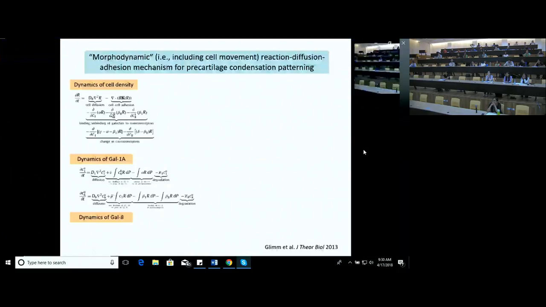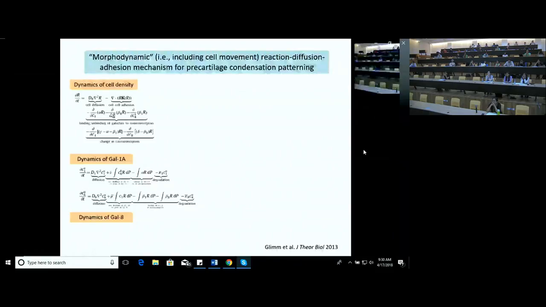That parameter is a component of this constant k here. And if it's 200, you don't get patterns at all. If it's 250 or above, you get patterns, and the quality of the patterns is slightly changed by an increase in that parameter. So there's a dependence of patterning on the adhesion term.